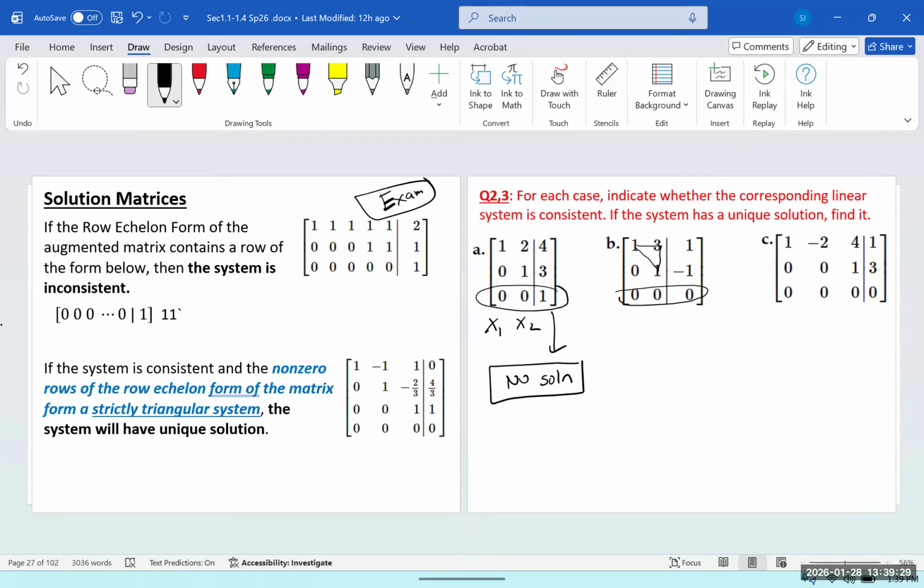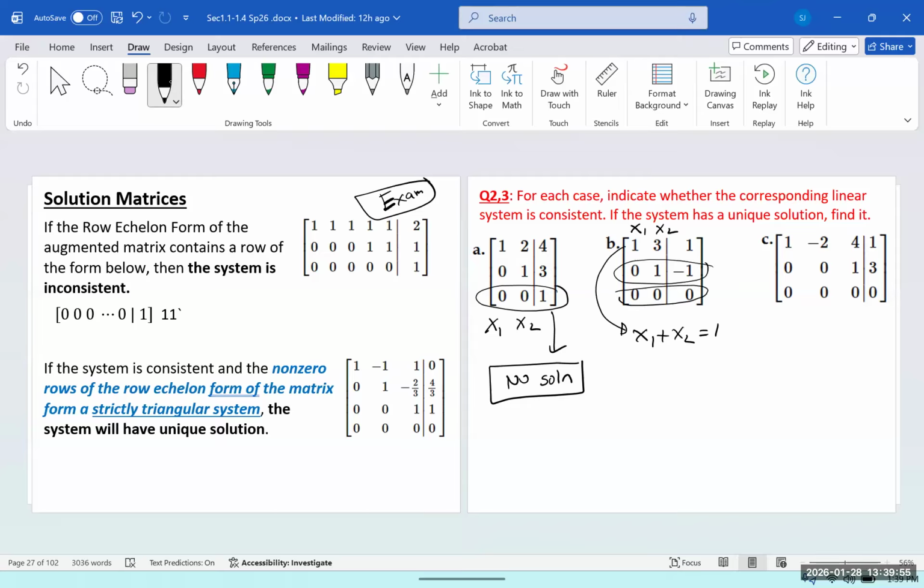So what type of solution do you have? Infinite solution or unique solution? Unique solution. Unique solution means each variable gets one number only. So this column is x1, this column is x2. This is telling us x1 plus x2 is 1, the first row.